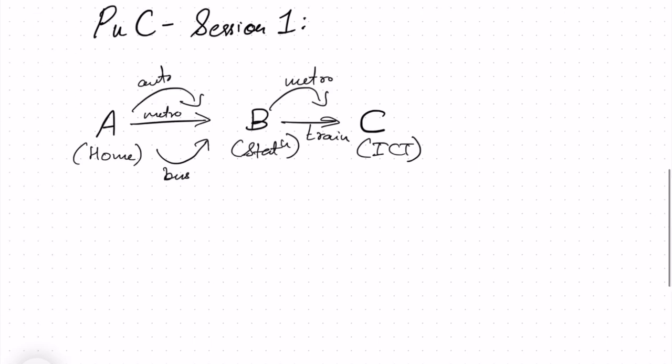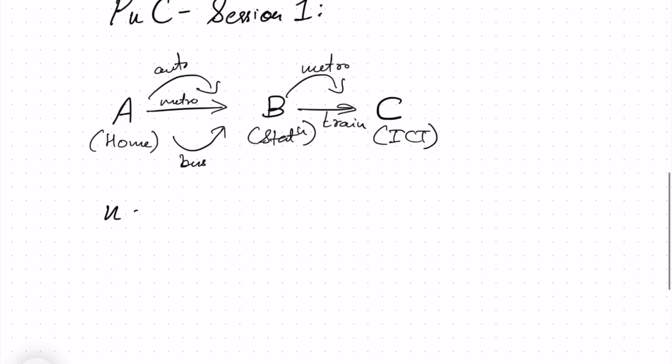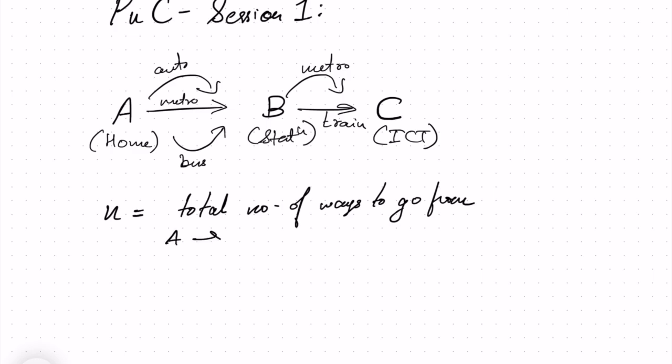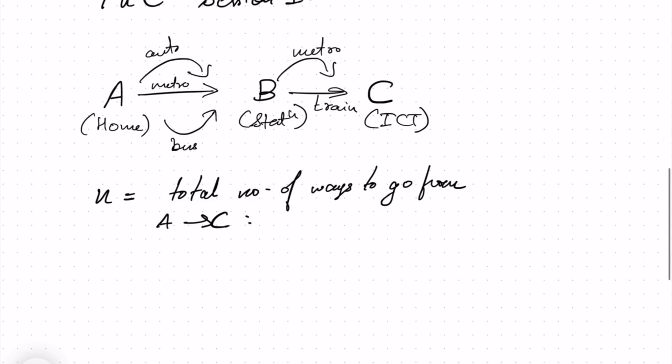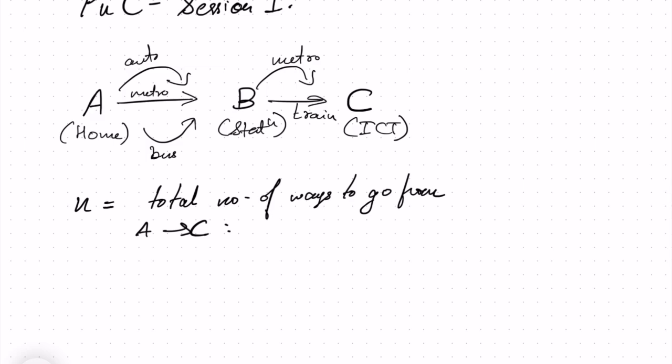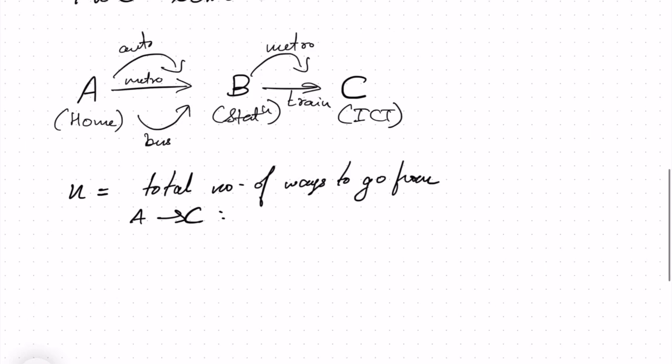Now, if you want to count the total number of ways, let's say that is n, the total number of ways to go from A to C. The most obvious logical approach is to simply count, because this is a sort of simple case.